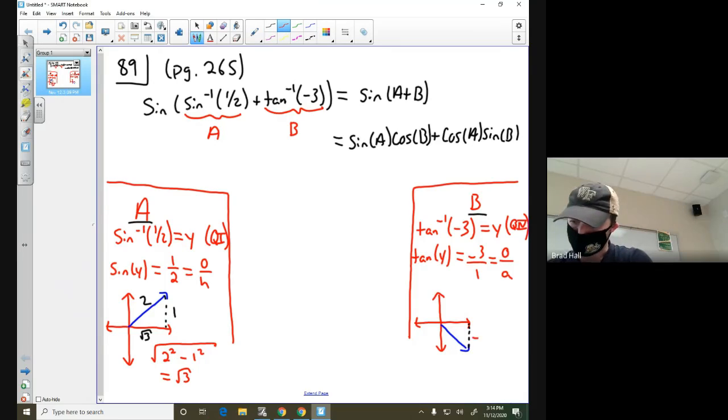Opposite is -3, adjacent is 1. And we can quickly figure out that the hypotenuse is 1 squared plus -3 squared, but we have to take the square root of that. So this is really square root of 10.